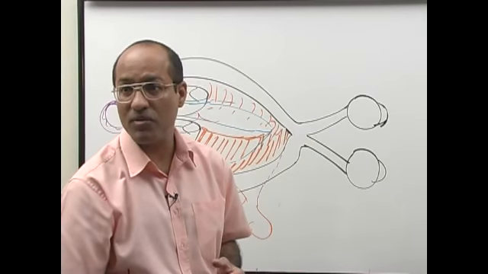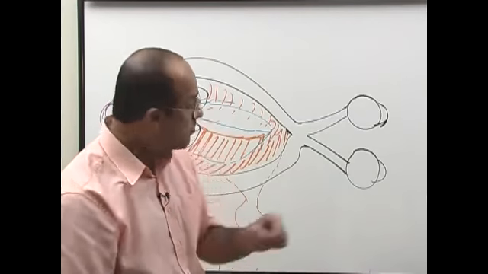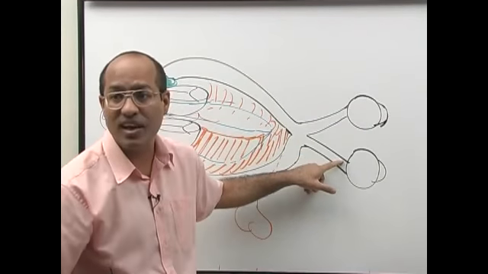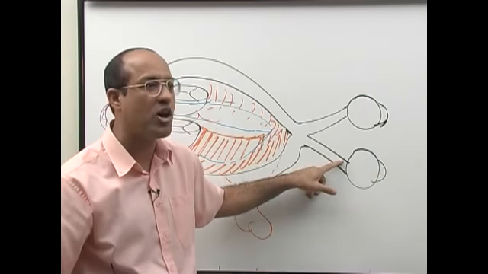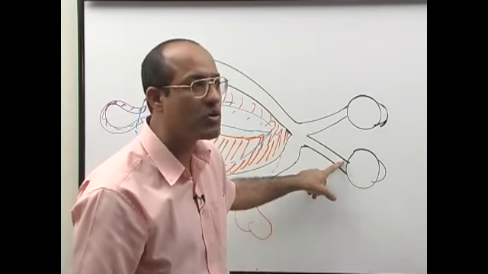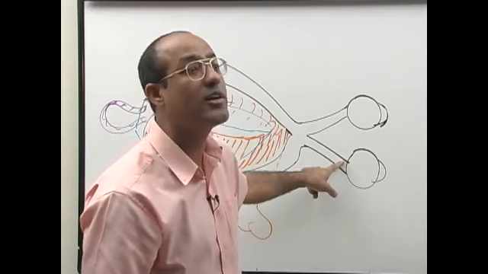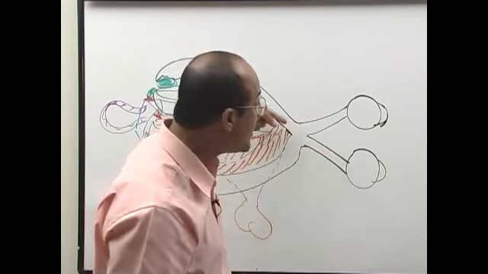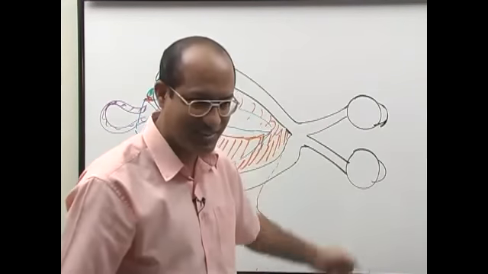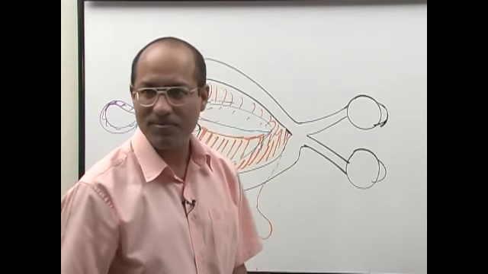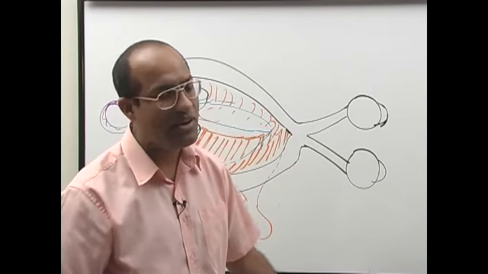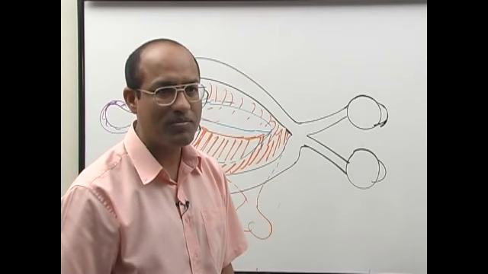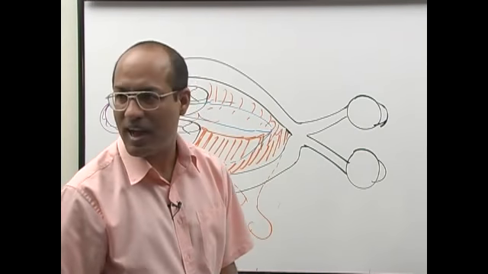It's not like ulnar nerve or brachial, right? Optic nerves are very unique nerves. What is the uniqueness about optic nerve? The uniqueness is that optic nerves are not nerves. These are central nervous system tracts derived from diencephalon. Am I clear?